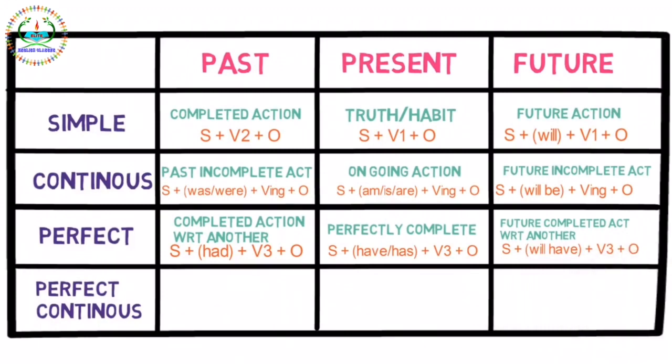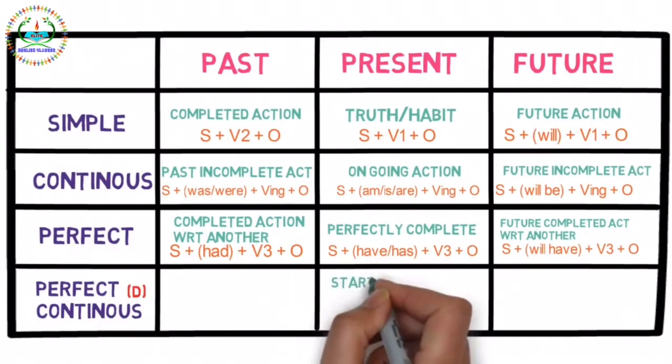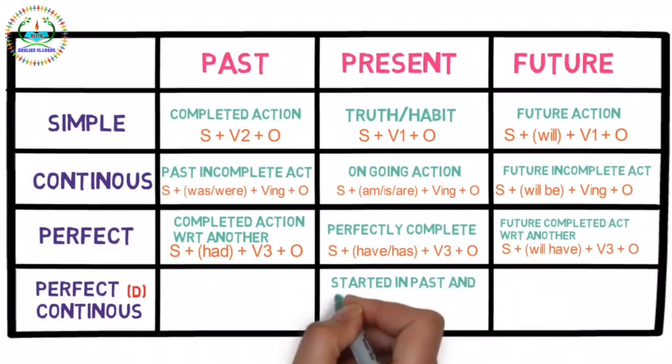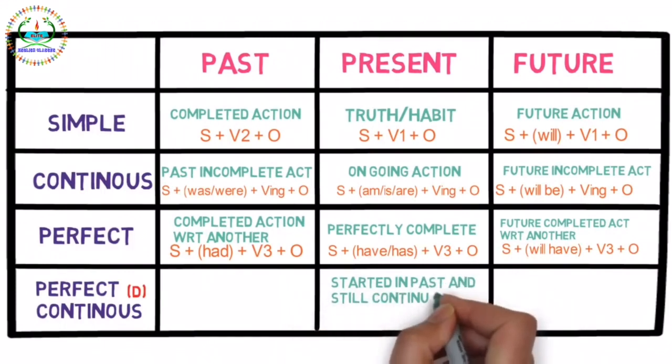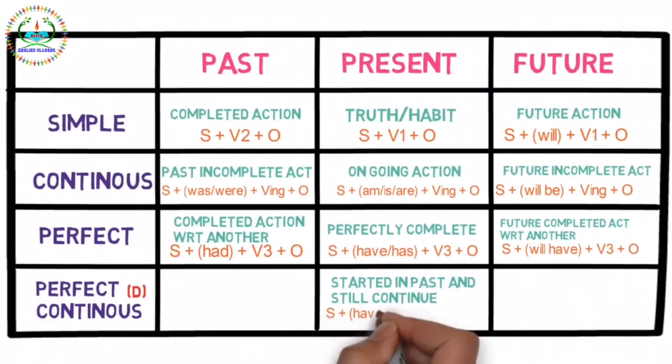Now let's look into the perfect continuous tense. In all of them, more importance is given to the duration of action. Present perfect continuous we refer to action that started in the past and still continued in the present. Structure is subject plus have been plus verb's ing form plus object.